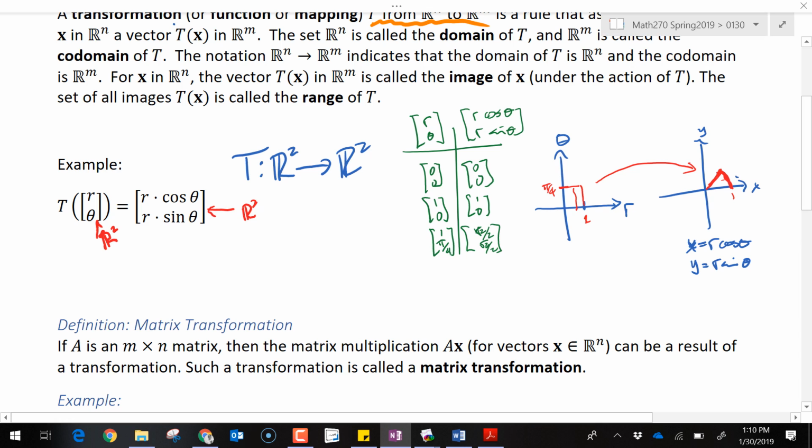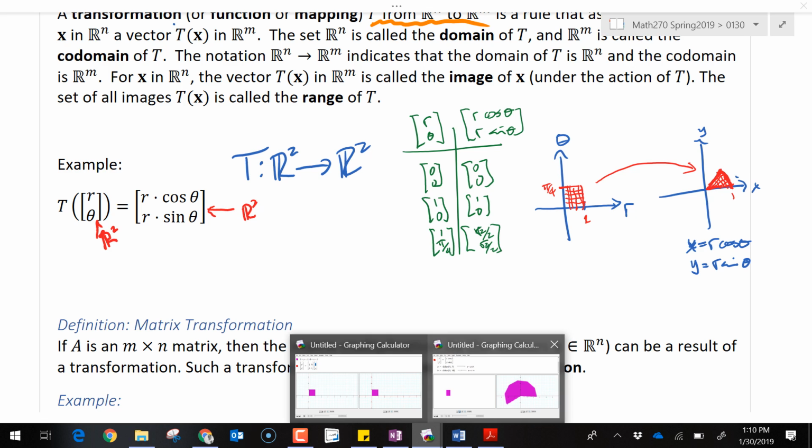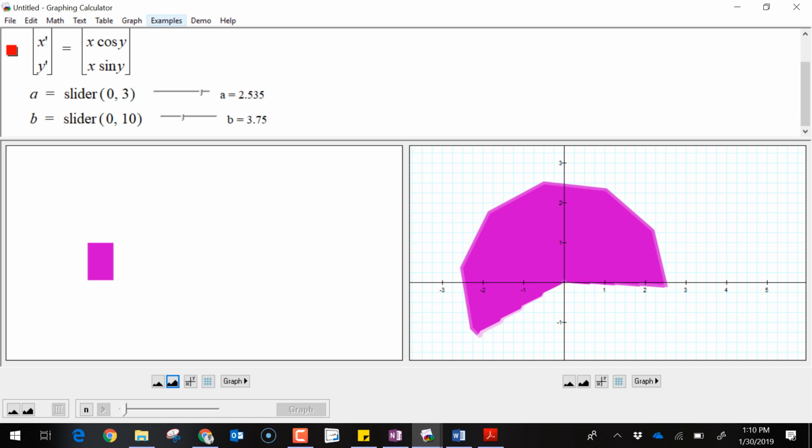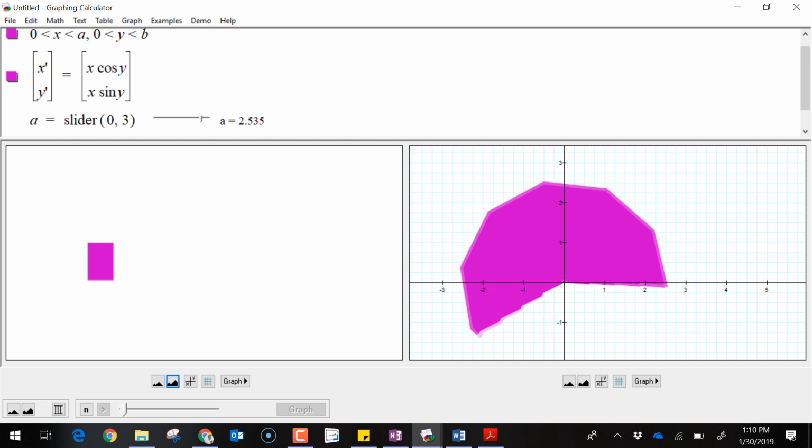So we can think about this as having a grid in Cartesian coordinates that would look like that, and then this would have a grid that would look like that. So in fact, that picture over here, if we take these graphs out and just look at the grid and see what happens to the grid.